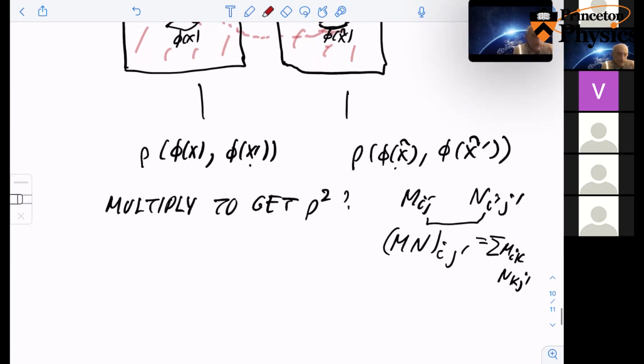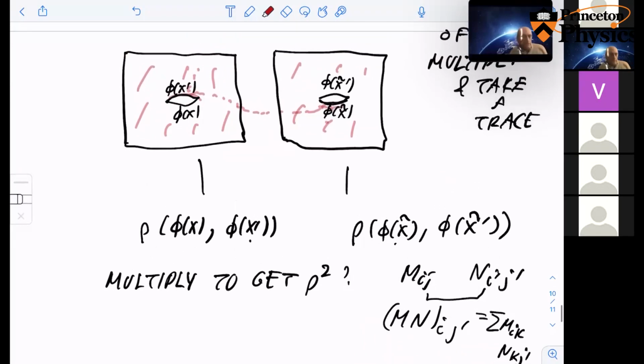Now, after that, we have to take the trace. To get the trace of MN, we then set i equals j' and sum. So in the quantum field theory problem, we set this equal to this to multiply the two copies of rho.